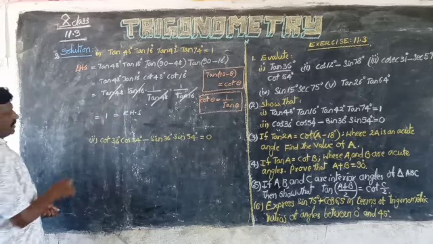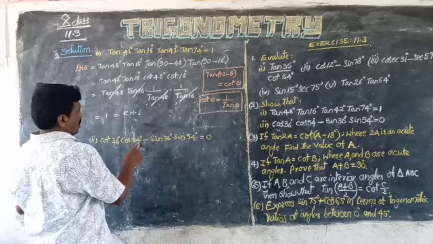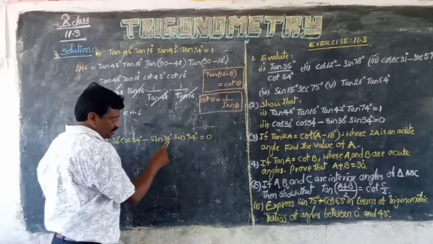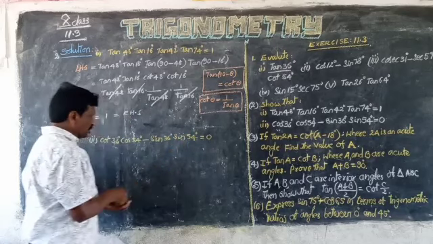Next, the same way: cot 36 cos 54 minus sin 36 sin 54 is equal to 0.